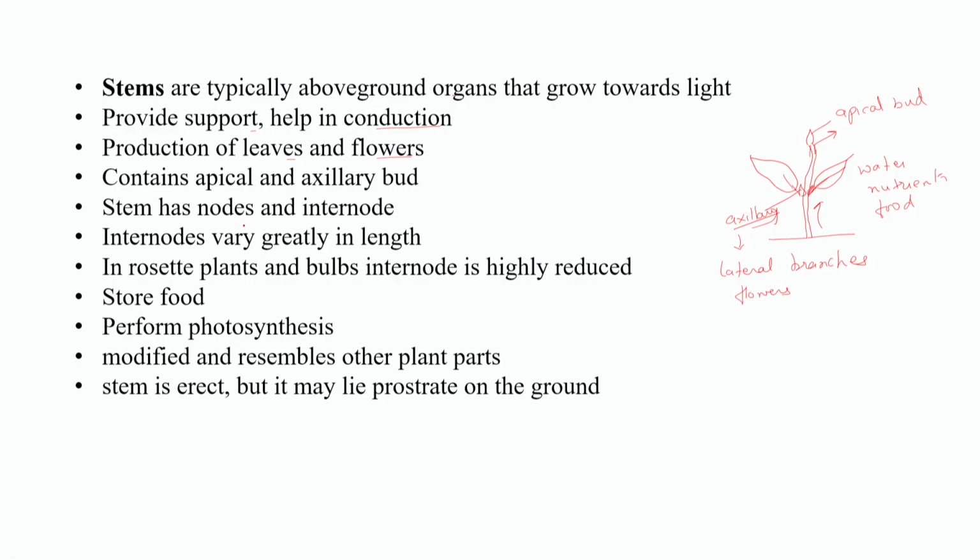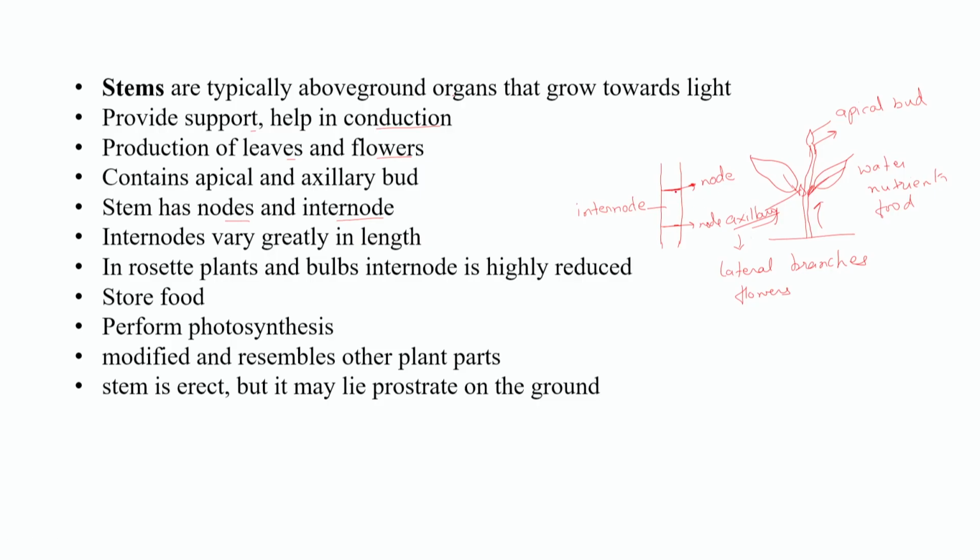A very important feature of the stem is the presence of nodes and internodes. When you observe a stem, you will see that it is divided into distinct regions known as nodes, and between two nodes there is an internode.